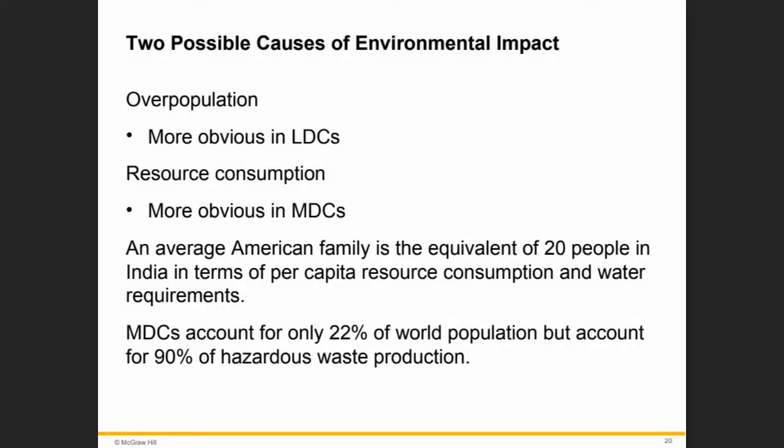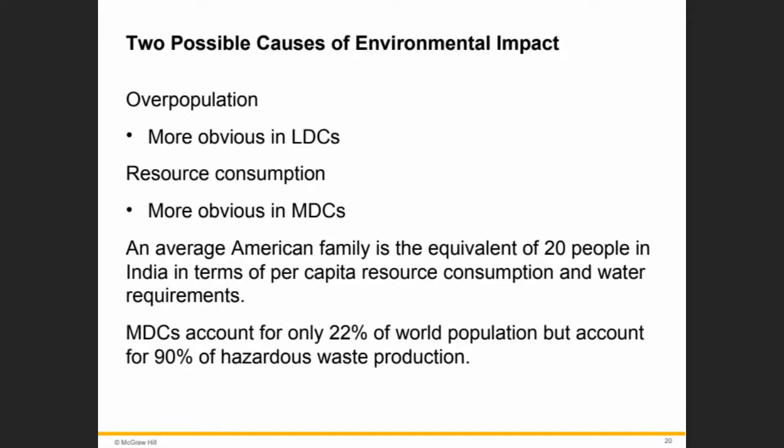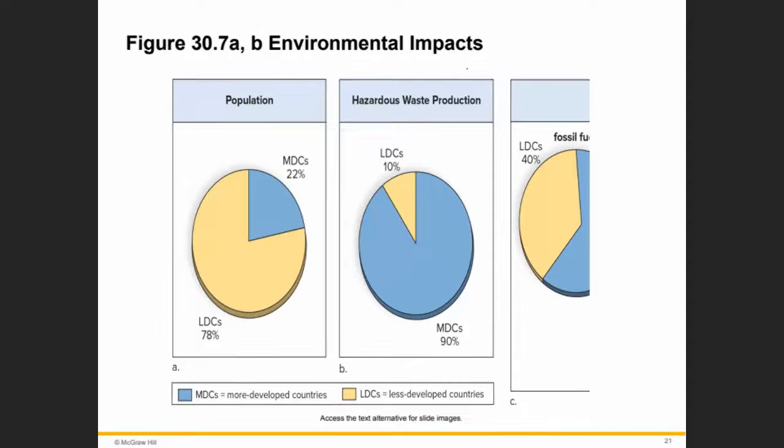We got so far overproduction or overconsumption in the more developed countries, and overpopulation in less developed countries. Let's look at this environmental impact for the most developed countries.